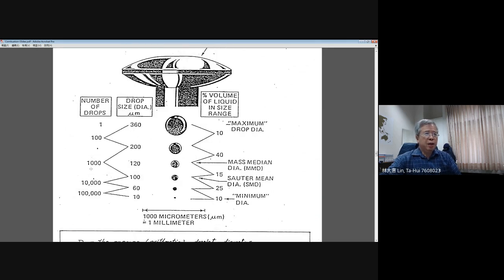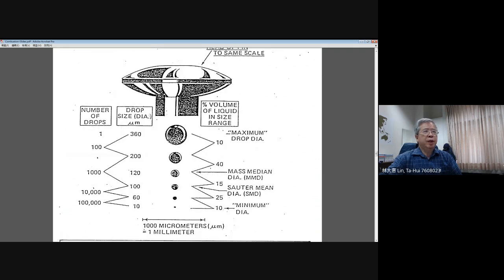Which means if you have an injector, for this example, the spray comes out and there is a droplet size distribution. For example, when you do the measurement, the maximum droplet size found is 360 micron and the minimum is just 10 micron. Using the old method to do the measurement, from 200 to 360 micron they find 100 droplets, and then you have 1,000 and 10,000 in different intervals of droplet size.